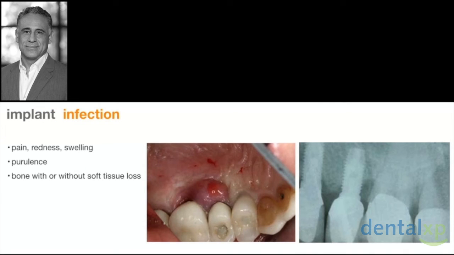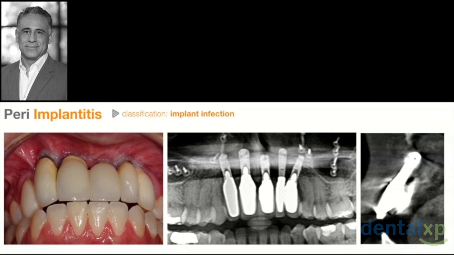When it comes to implant infection, patients experience pain, redness, swelling, purulence, and of course, we could have bone with or without soft tissue loss in these cases. Ultimately, the infection was characterized by pain and purulence.